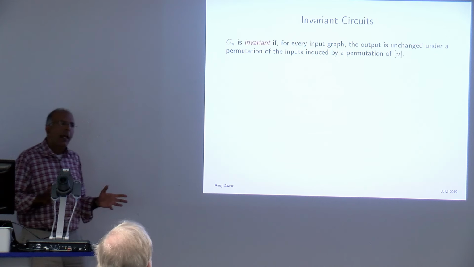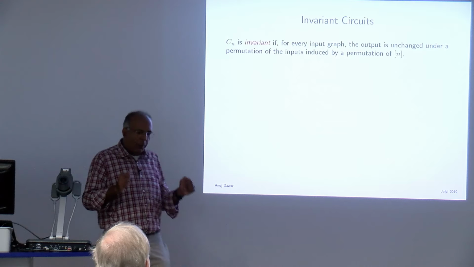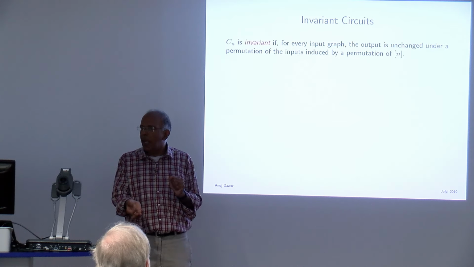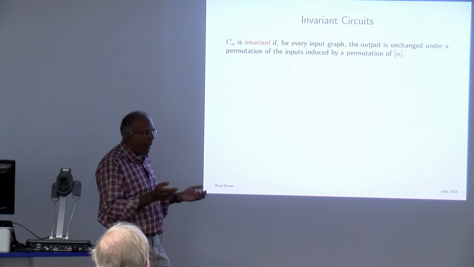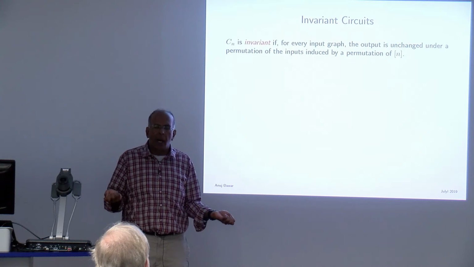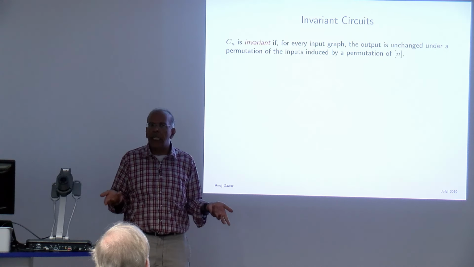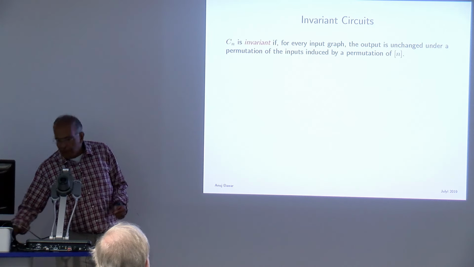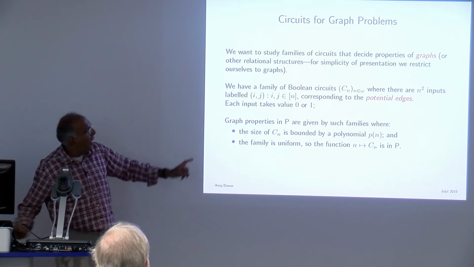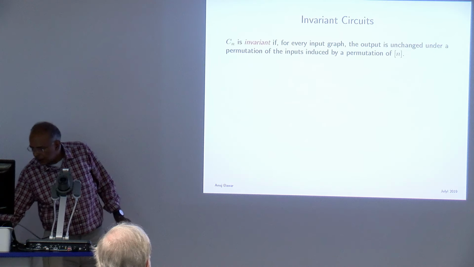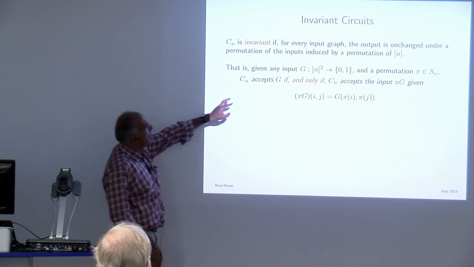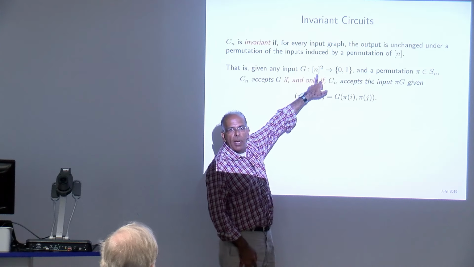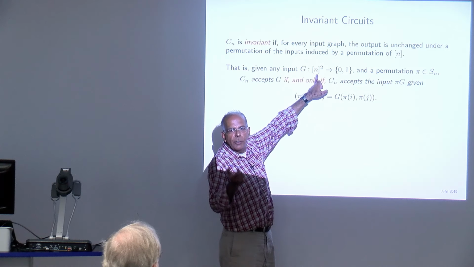Now, if the circuit is getting a graph as input and deciding a property, then if I reorder the vertices of the graph, the result shouldn't change, right? So in other words, the inputs are labeled by elements of n squared, pairs of indices.